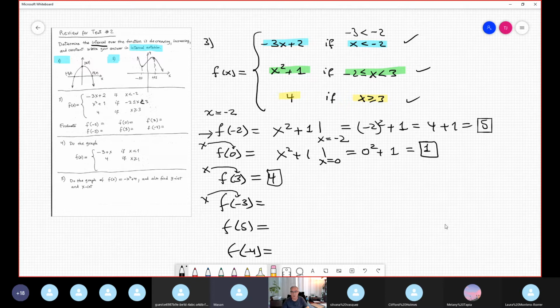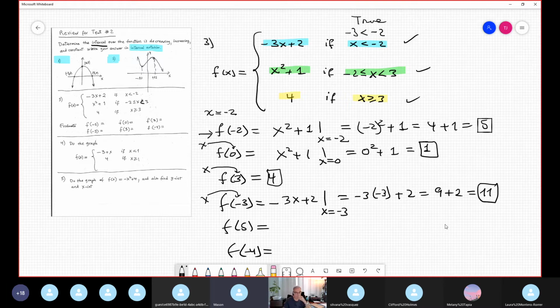This statement is obvious, it's true. So blue, minus 3x plus 2, evaluated at x equal minus 3. So minus 3 times minus 3, be careful with the sign, plus 2. This is positive 9, plus 2, 11.